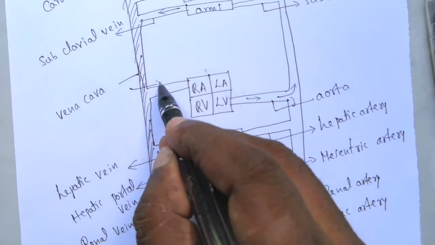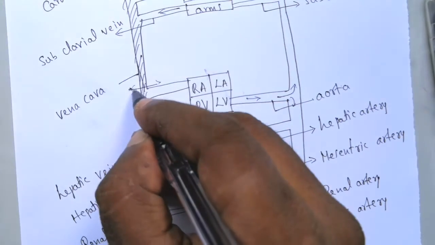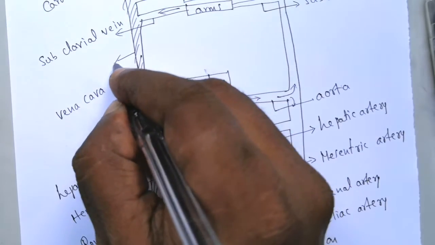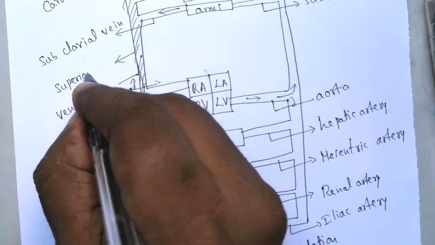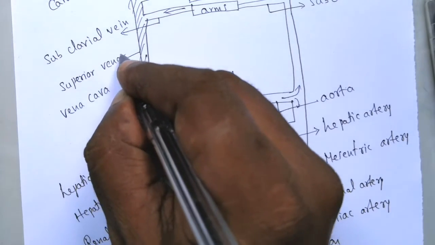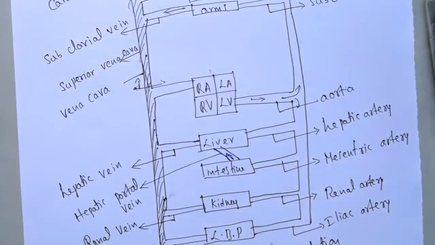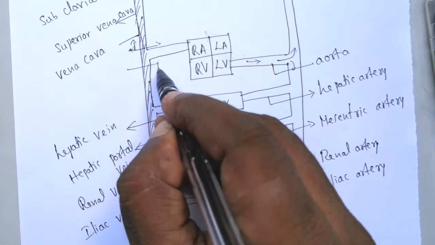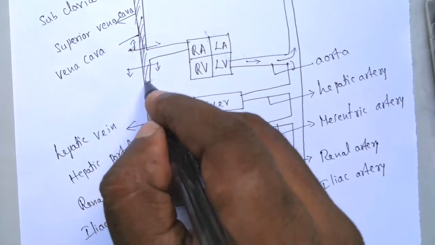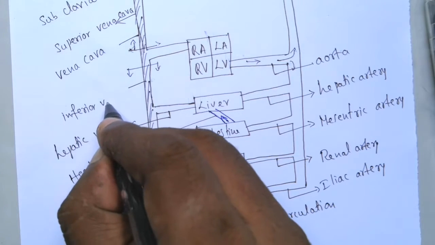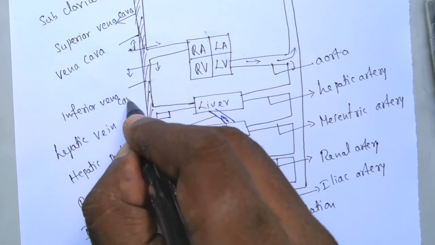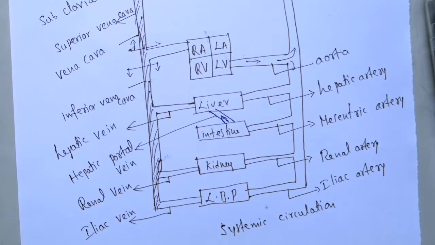Above the heart is superior vena cava. Below the heart is inferior vena cava. Till now we have drawn systemic circulation.